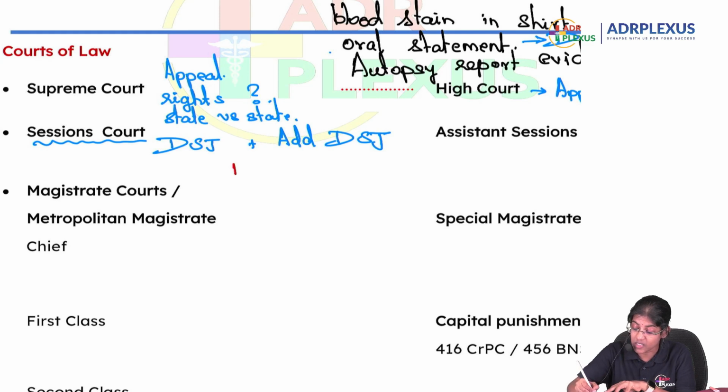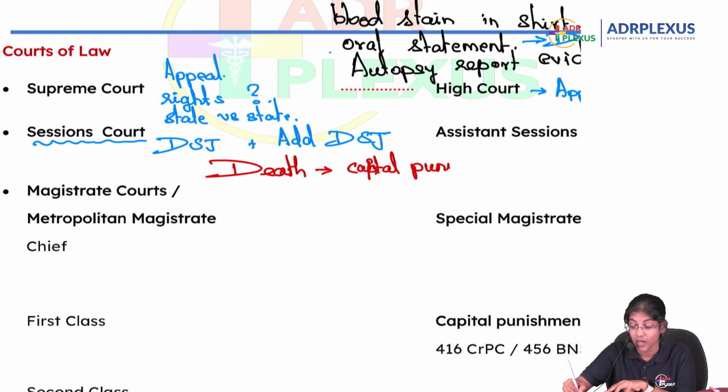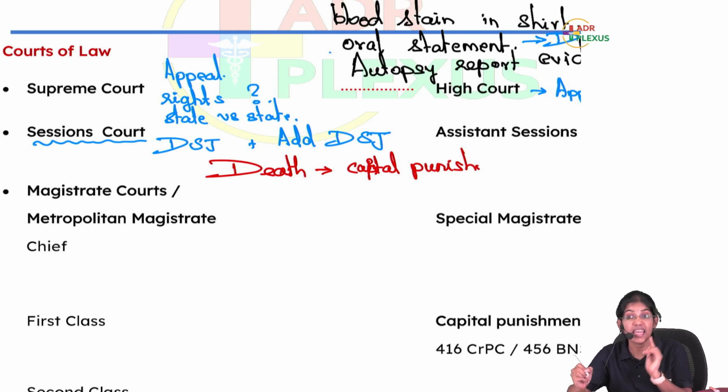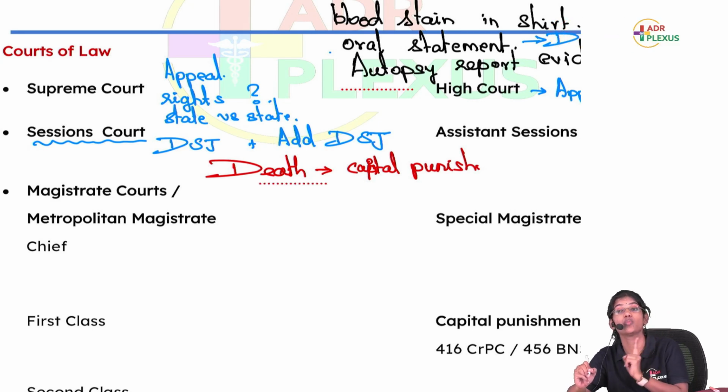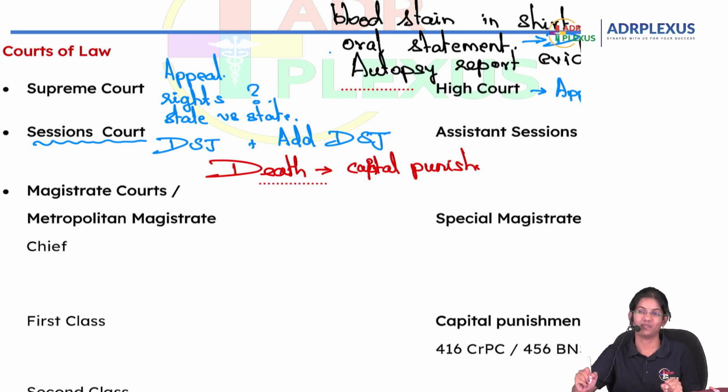The power that they execute is they can give the death sentence, which is capital punishment. They are the lowest court which can give a death sentence.